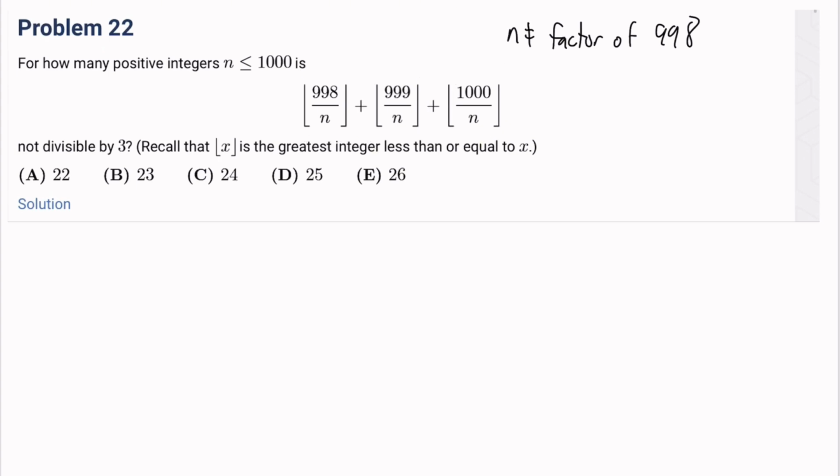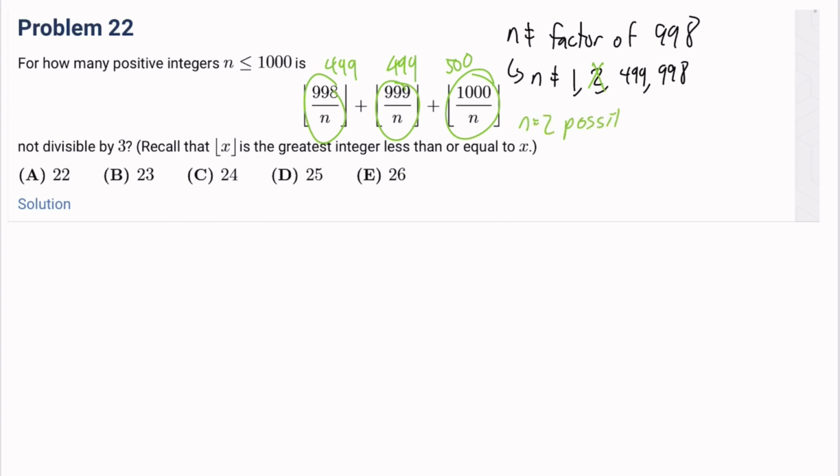And so n cannot be 1, 2, 499 or 998, right? But then we have an exception here, which is 2, because if n equals 2, then this would be 499, and this would also be 499, but this would not be 499, that would be 500, right? And so n equals 2 is possible, so not this one. n equals 2 is possible, right?